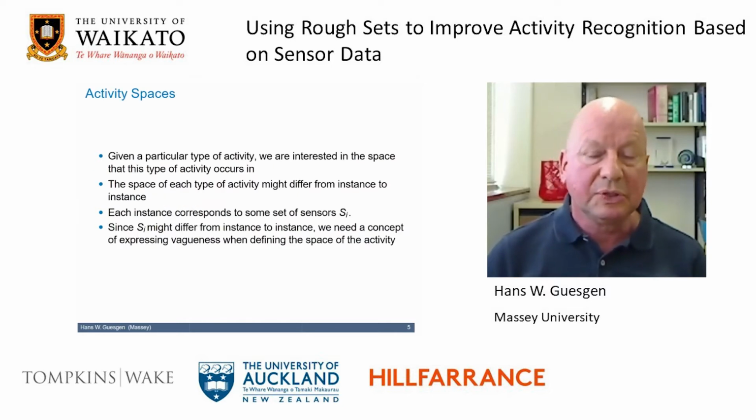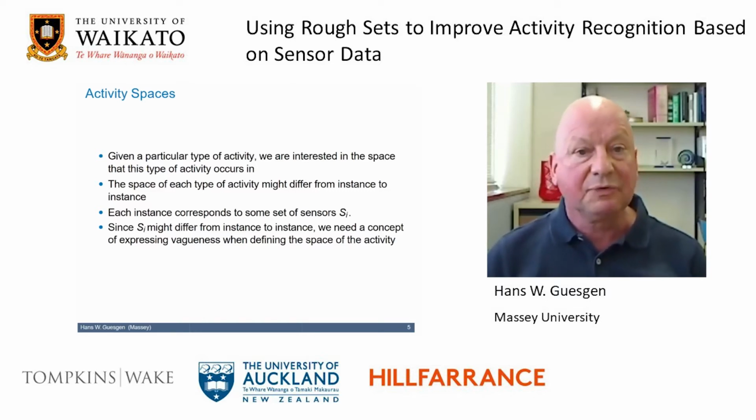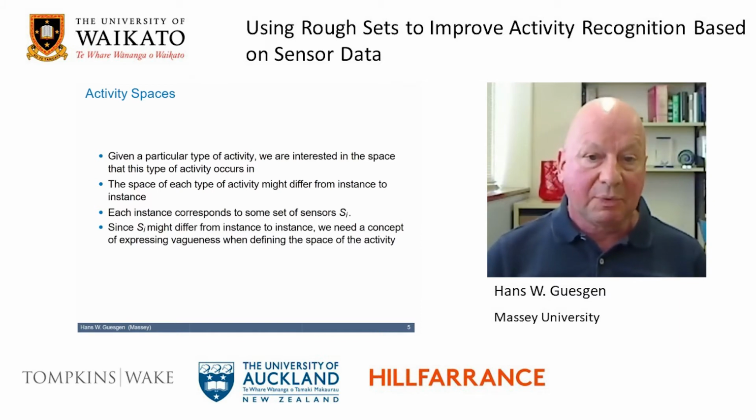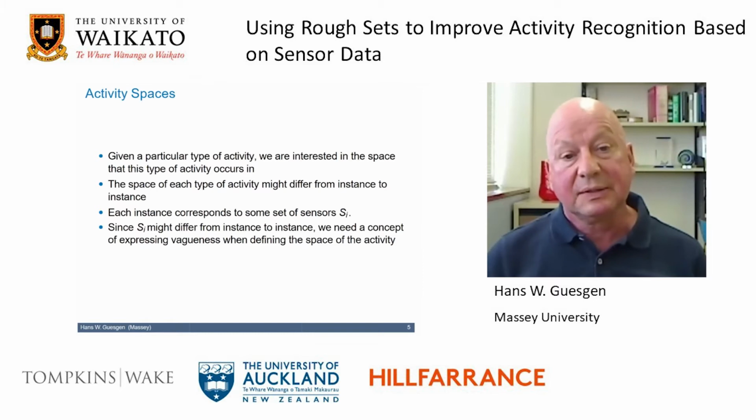What we are going to do is look at what we call activity spaces. So given a particular type of activity, which means a set of instances of that activity, we look at what space corresponds to this activity. Given a particular instance, we have a precisely defined set of sensors that corresponds to this instance, but looking over all instances of a type of activity, we might observe differences in these sets.